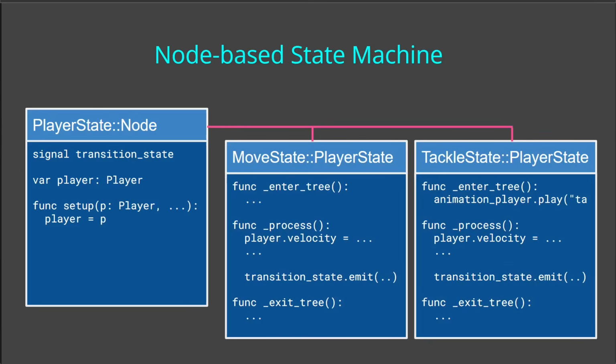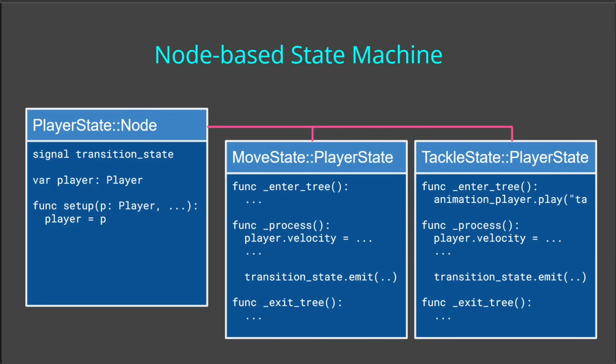Finally, for each new state, we'll have an inherited scene or inherited class called move state or tackle state. And each of those will have separate logic for when we are inside that state. In the enter tree, we'll include logic meant to be executed once we enter the state. So when the node is added to the tree, we'll execute that code.